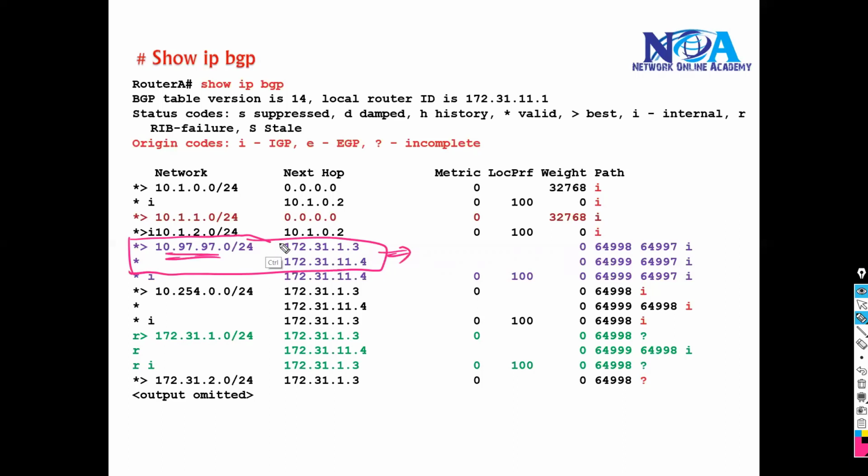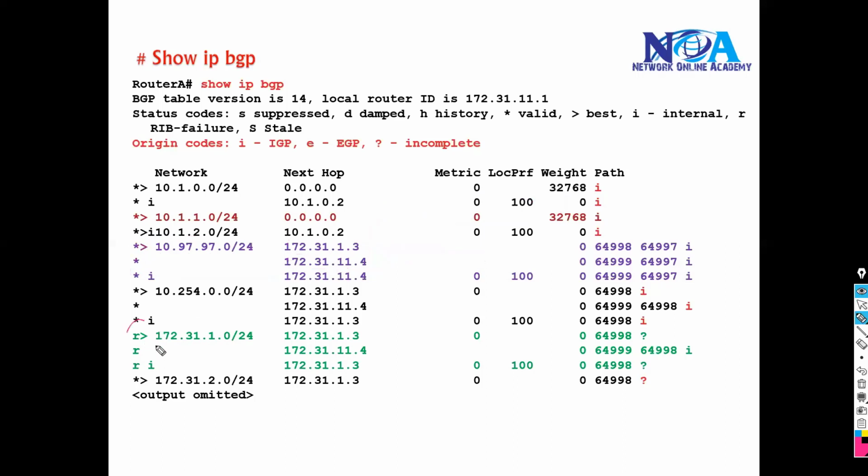You can either go via this next hop or this next hop. These are the two neighbors from which I'm learning the routes. Out of these two, which is the best route? The best route will have this greater than symbol. This is my best route, which is installed in the routing table. Anyway, we'll verify these things when we get into the lab in our next topics. But any one will have the greater than symbol, which indicates that it's the best route.